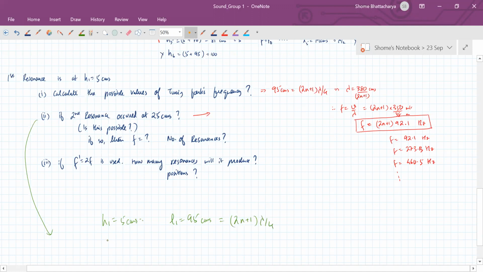But for the second height, we are getting it at 25 centimeters. Okay. So L2 is 75 centimeters, and that is now the next consecutive resonance. Okay, so you can understand that 95 by 75 is equal to how much?